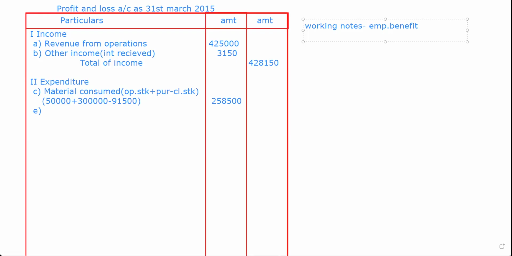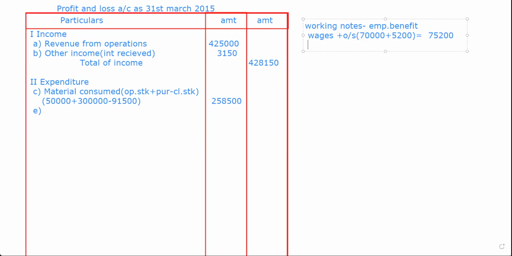First he gave me wages, wages plus outstanding wages in brackets. Wages he gave us 70,000 plus outstanding wages around 5,200. Together that is 75,200. Done.